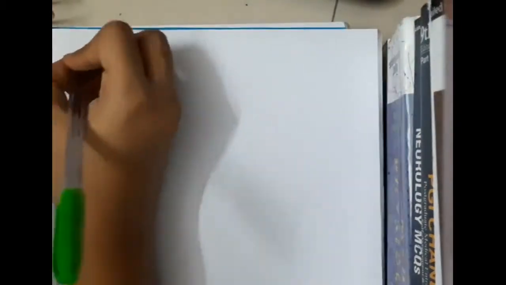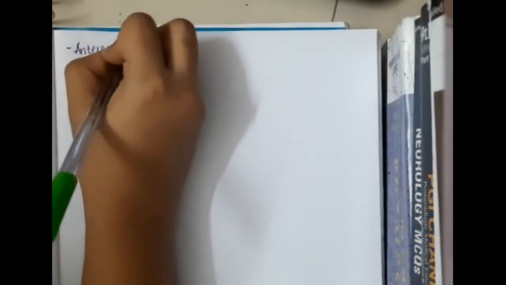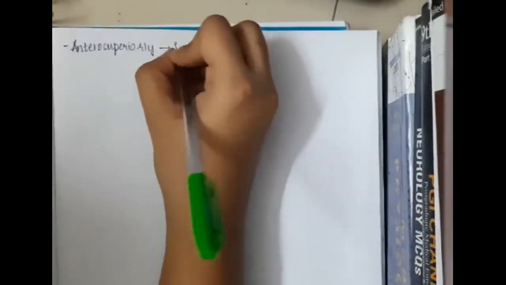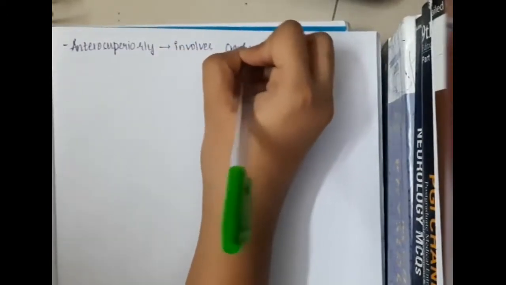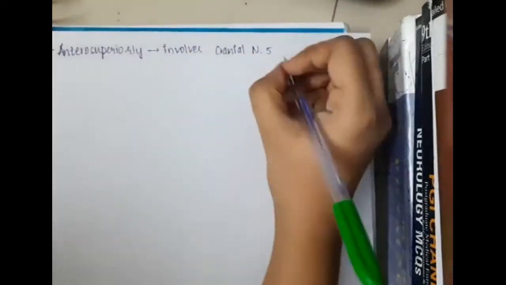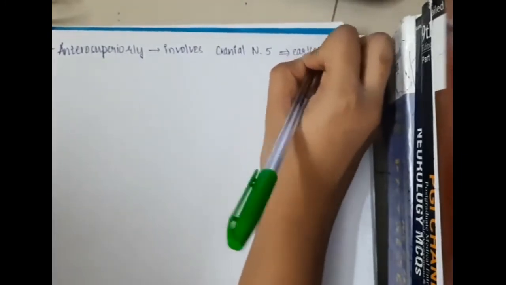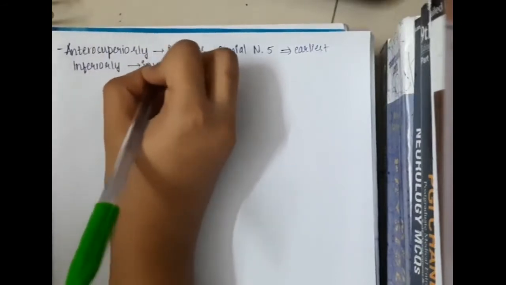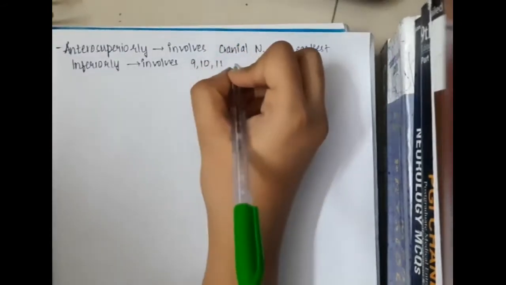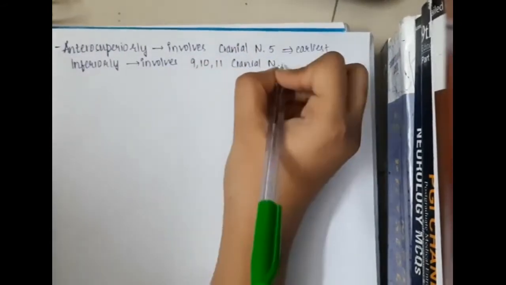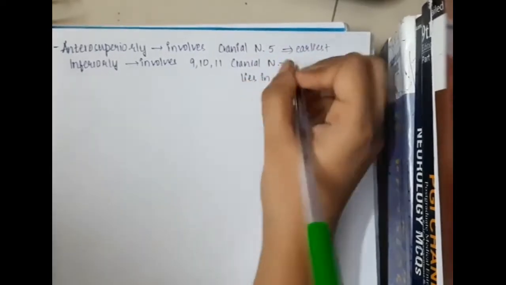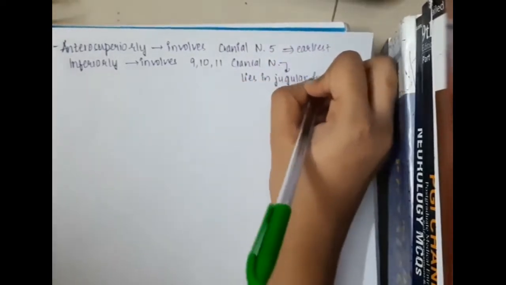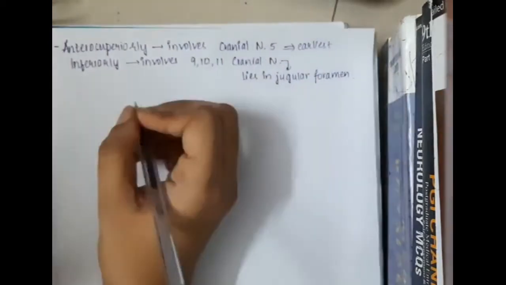Anterosuperiorly it involves the fifth cranial nerve, which is the earliest nerve to be involved. Inferiorly it involves the 9th, 10th and 11th cranial nerves, which lie in the jugular foramen.